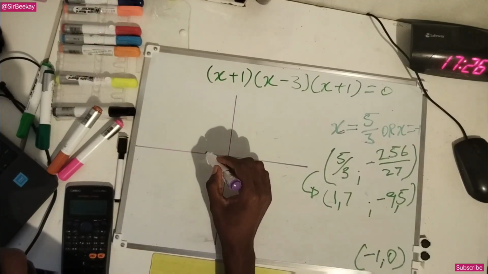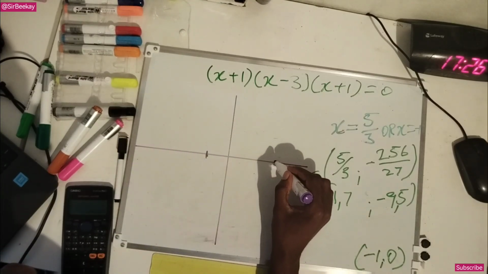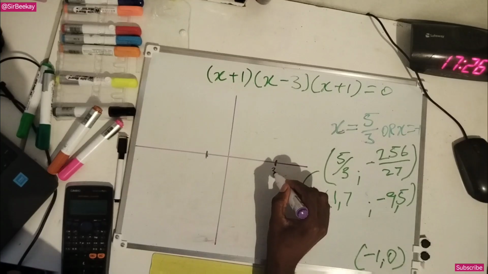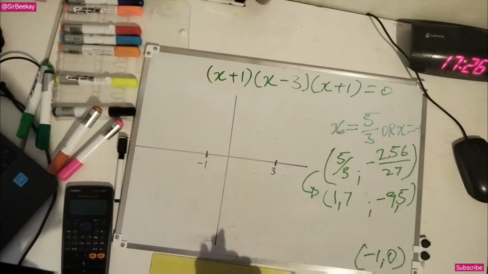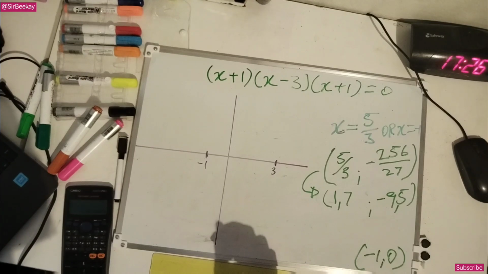Minus 1, 3, minus 1. This is our x coordinate. This is our x-intercept. This is our y-intercept.